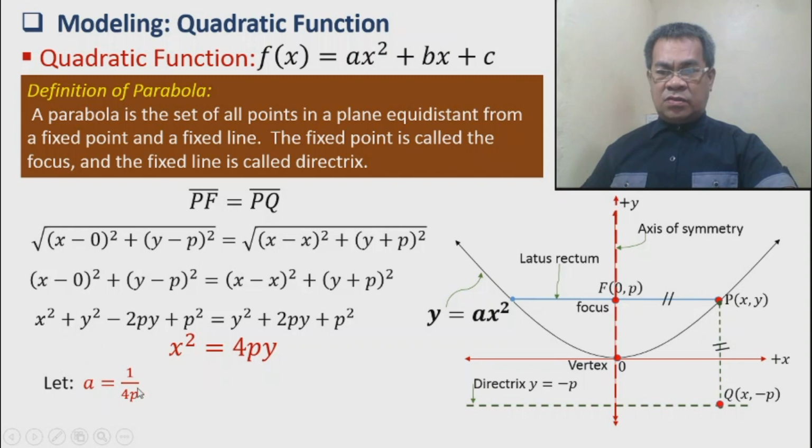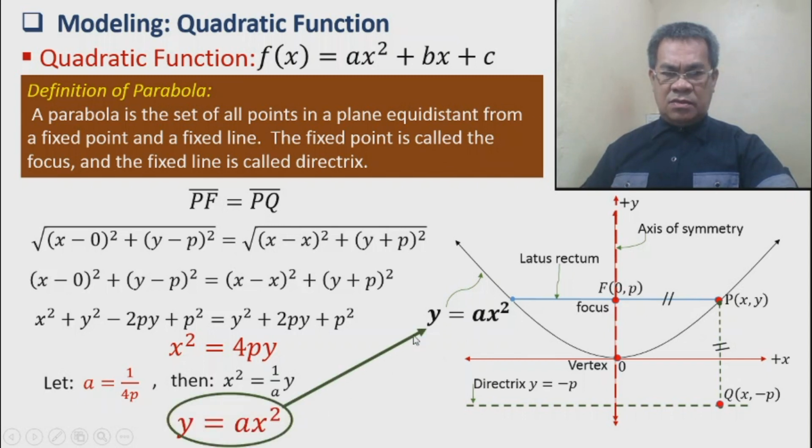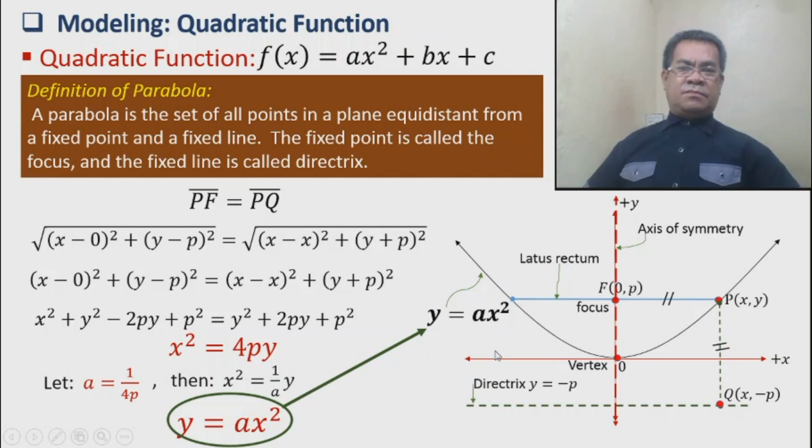If we let a be equal to 1 over 4p, then x squared is equal to 1 over a, because the reciprocal of 4p is a, multiplied by y. So if you take the diagonal product, cross multiply, y is equal to a x squared. So this is how to obtain this equation.